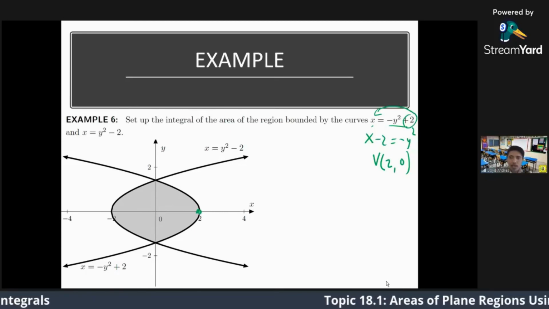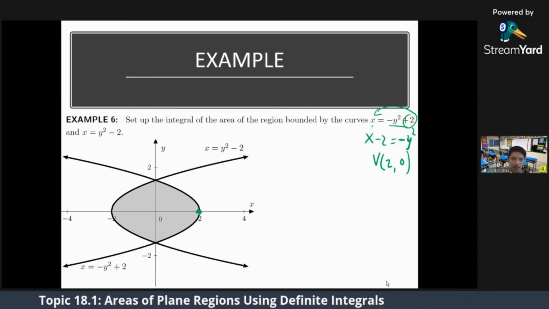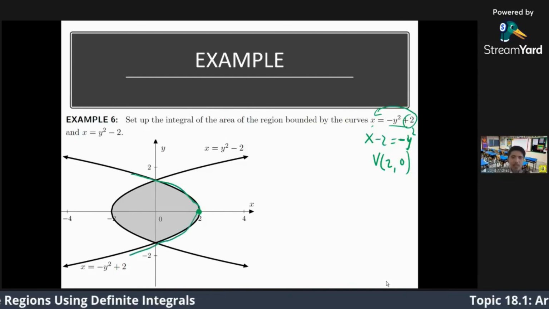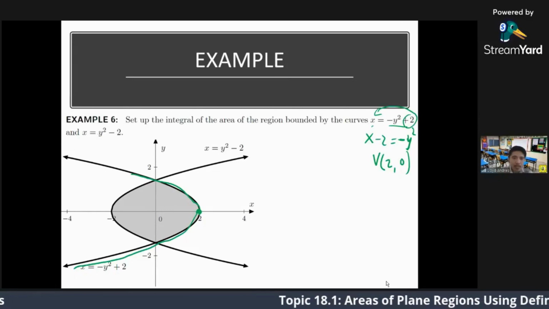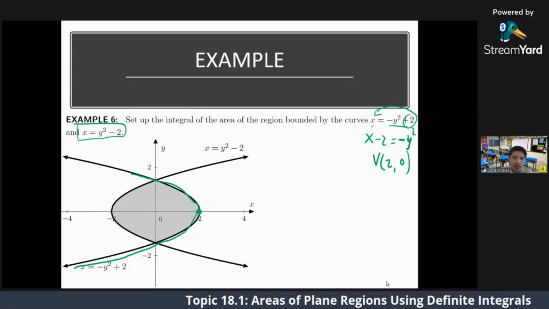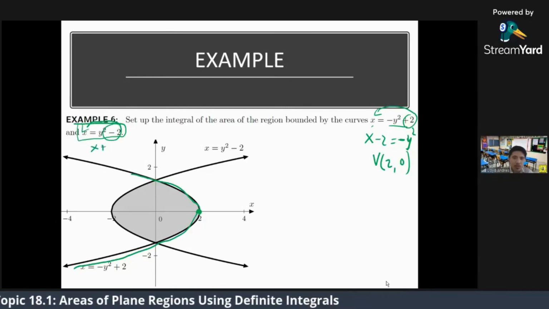Since y is squared, it opens either left or right, and since it is negative here, it opens left. For the other one, we do the same: isolate the squared term, so we move things to get x plus 2 equals y squared.